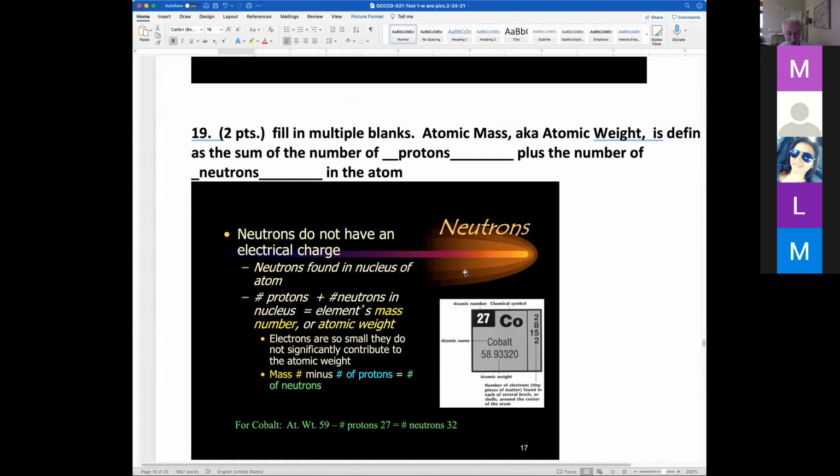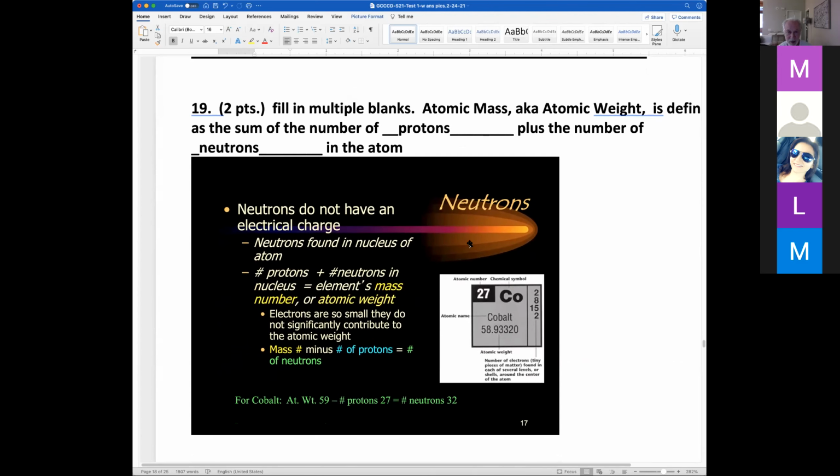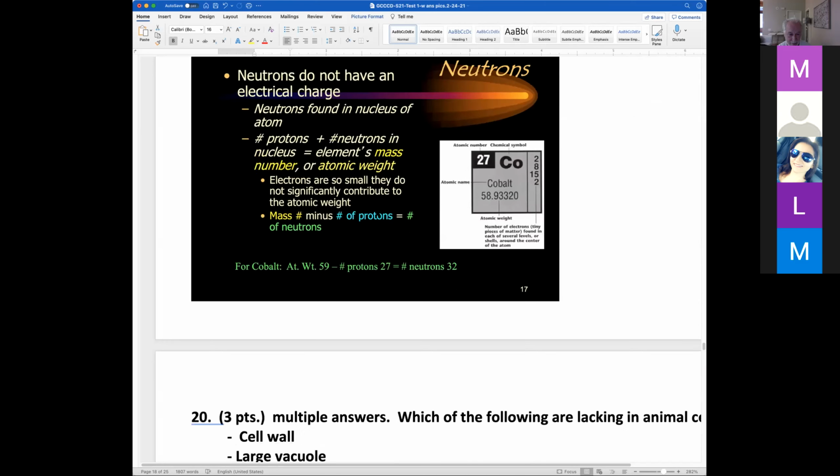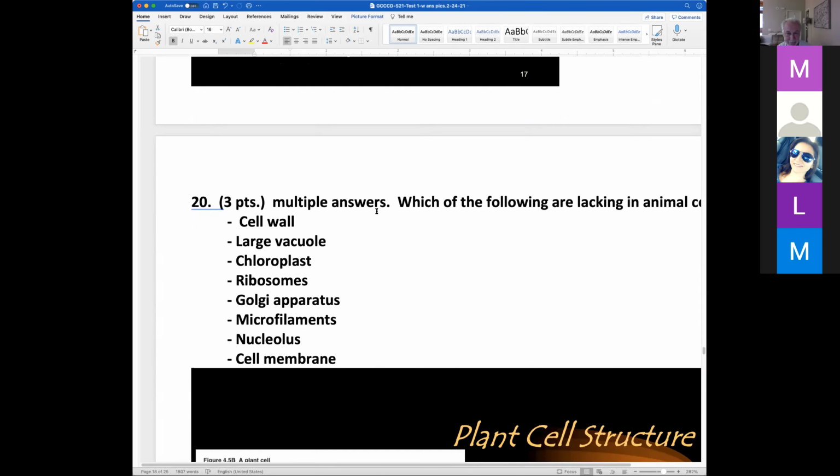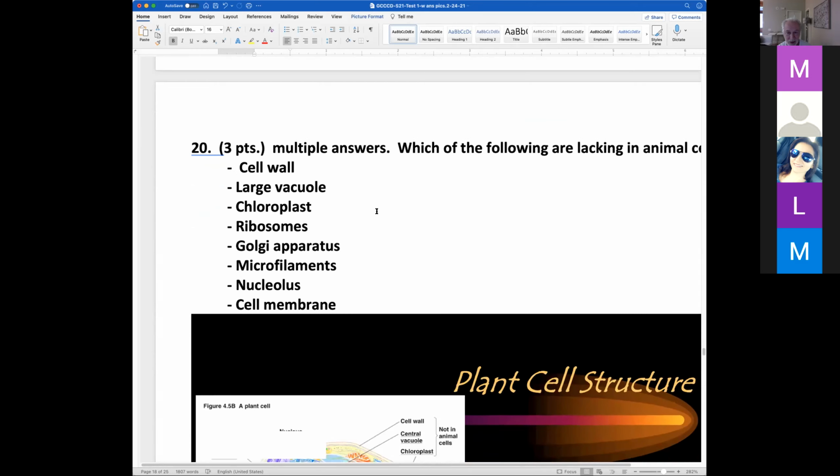Well, this one is very similar to a previous question. Atomic mass is defined as the sum of the protons plus the number of neutrons. Which of the following are lacking in animal cells?